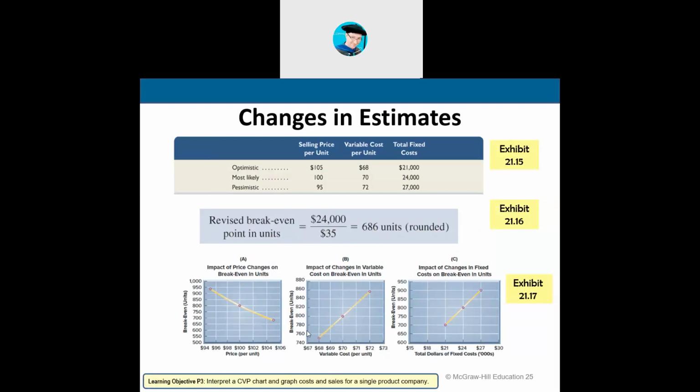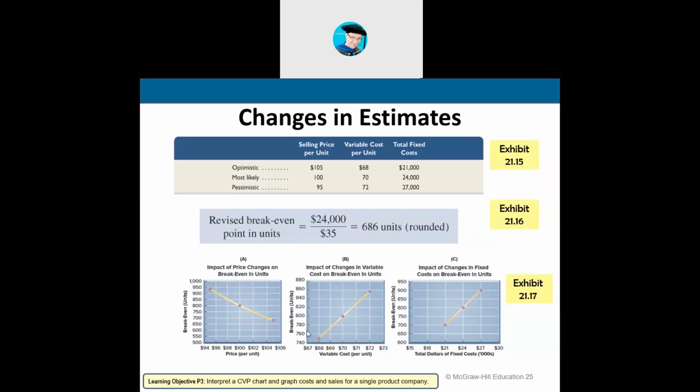We take our fixed cost divided by the contribution margin per unit, which gives me the number of units I need to sell. This is a revised break-even point.